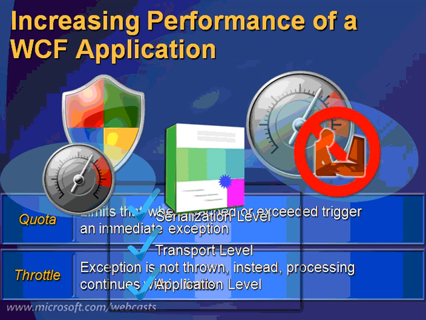And what a quota is, it's a limit. It's a limit that says once you reach this quota, we're done. We're only going to support up to a certain point of processing. And once you reach that quota, the service is basically going to prevent further processing on things. The throttle, on the other hand, is not going to necessarily throw an exception when those limits are reached, but we can create a throttle that is going to limit how many concurrent things can run.